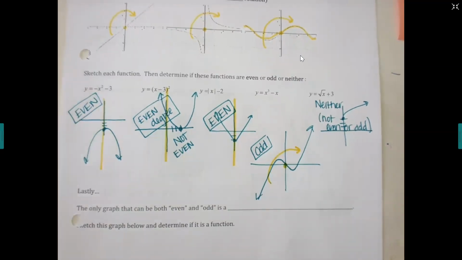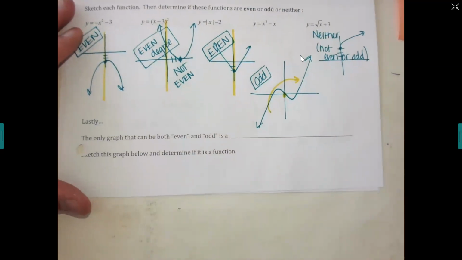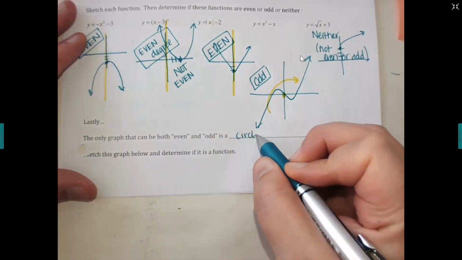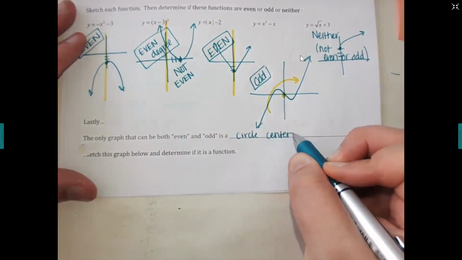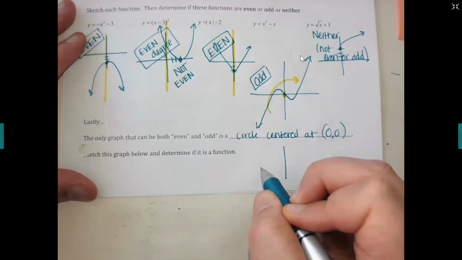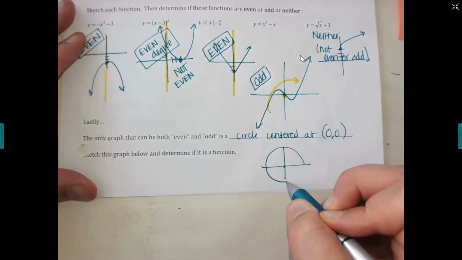Okay, last little bit of this. The only graph that could be even and odd would be a circle centered at the origin. So let's just kind of draw, just do your best here. Okay, if I consider the y-axis, does it perfectly cut your circle in half? That makes it even.